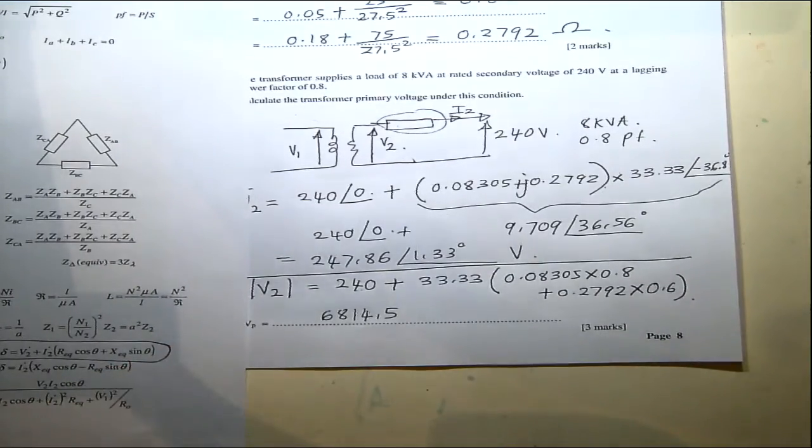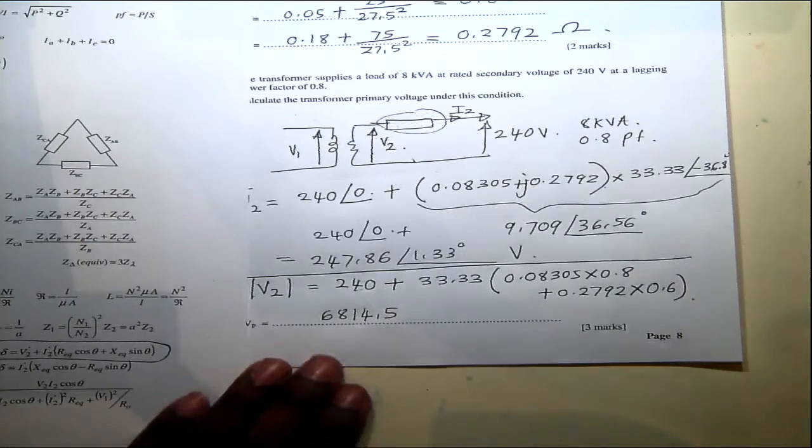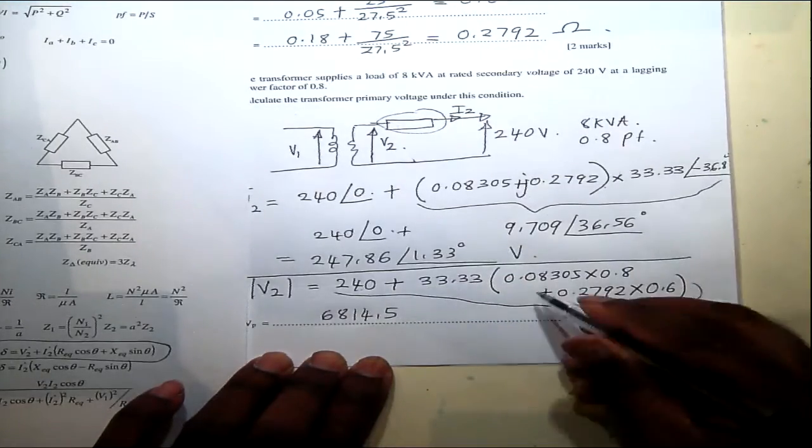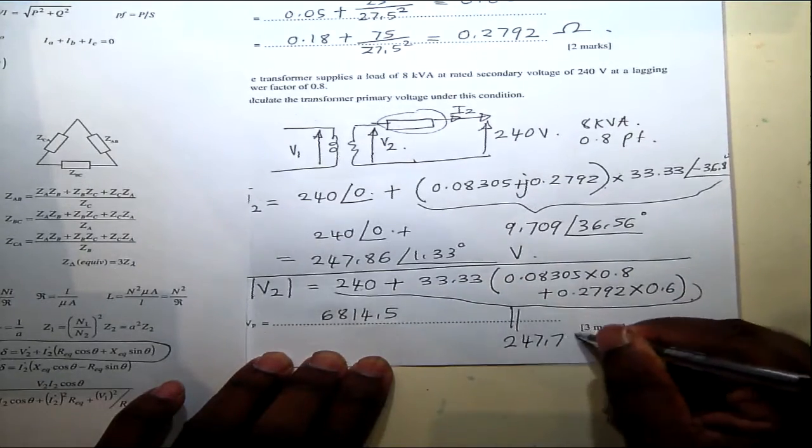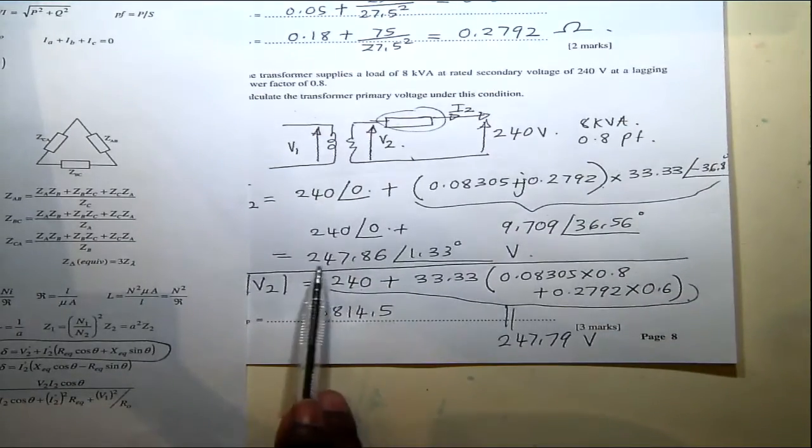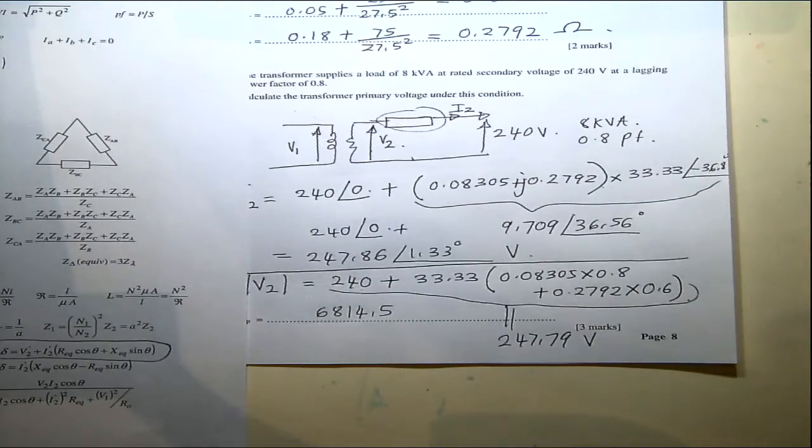That will give you the approximate voltage value. So that gives you 247.79. So this expression gives you 247.79. So it's fairly close enough to that value. You can use either technique to do this calculation.